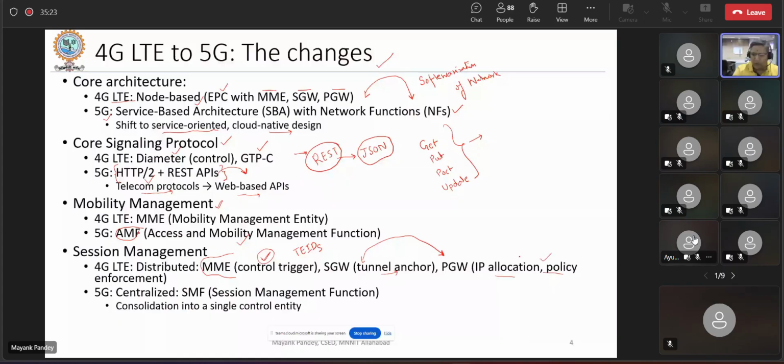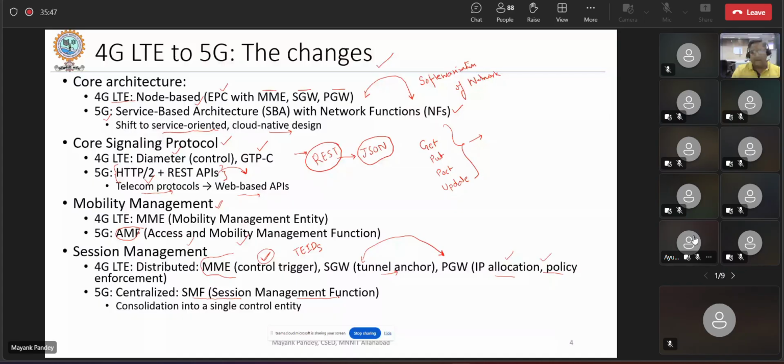So session management was controlled in a distributed manner. Three entities were working together to manage the session. Here, session management is done by a single function, and that is known as SMF, session management function. This one.